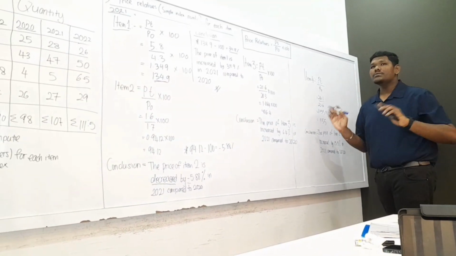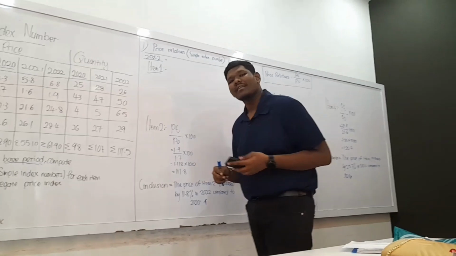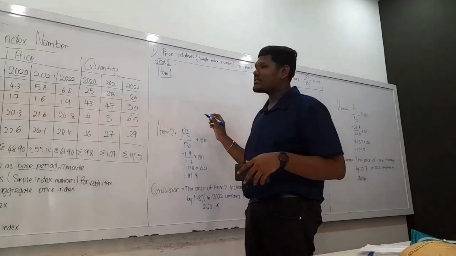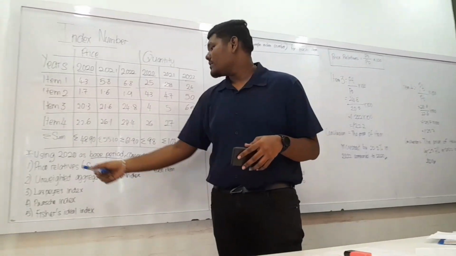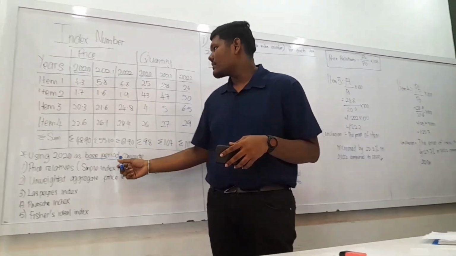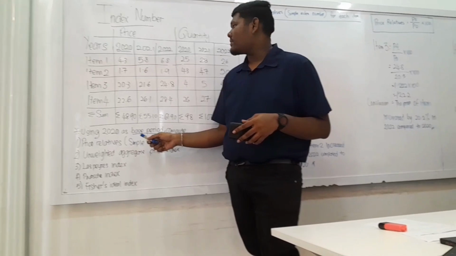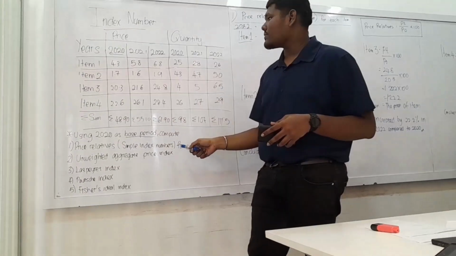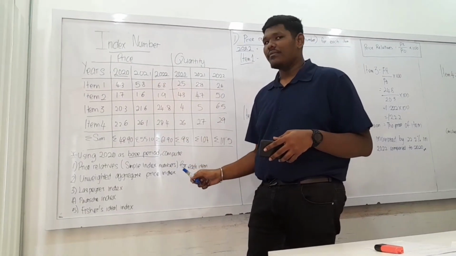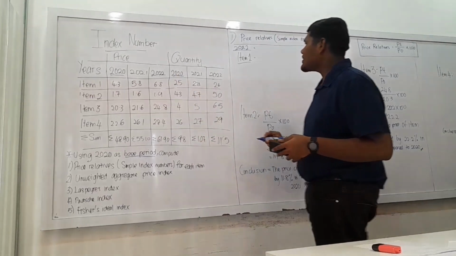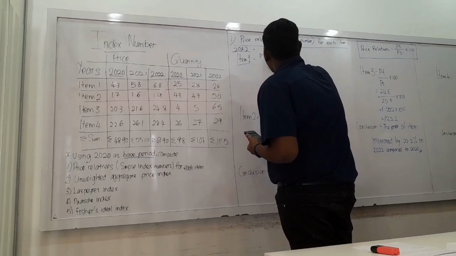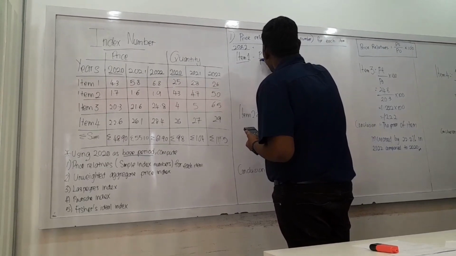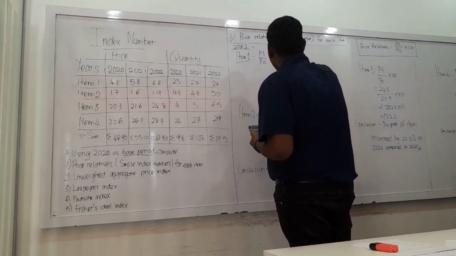So let's go to 2022. Okay, let's do it for 2022, using 2022 as the base period. So now we are looking at 2022. For 2021, we have finished. So for 2022, write back the formula, which means PT over PO times 100.